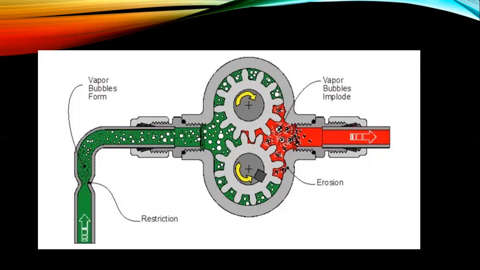All right, now we have a basic diagram which helps us to understand the formation of cavitation in a pump. The fluid comes from this side. Maybe it comes from a tank, river, etc. And please look there.